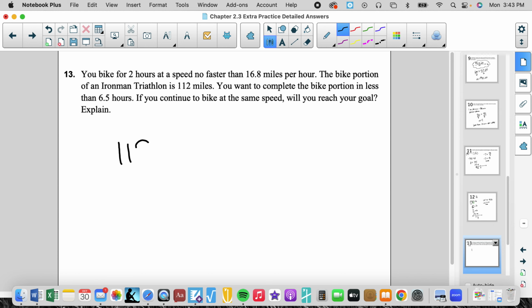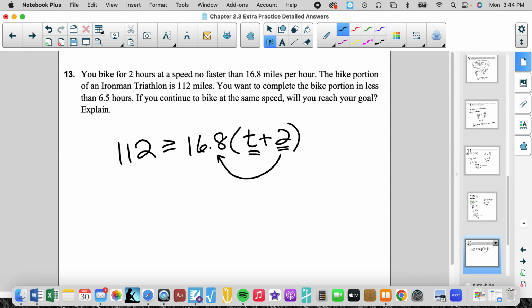So I have a total distance of 112, and I'm riding at 16.8 miles per hour, and let's do T. So I've already ridden for 2 hours at 16.8, and I've got to know how much more I can ride in order to do the bike portion in less than 6.5 hours.